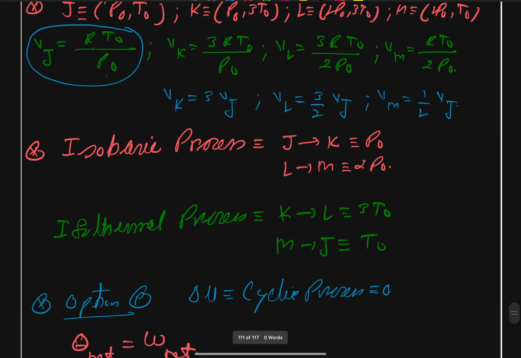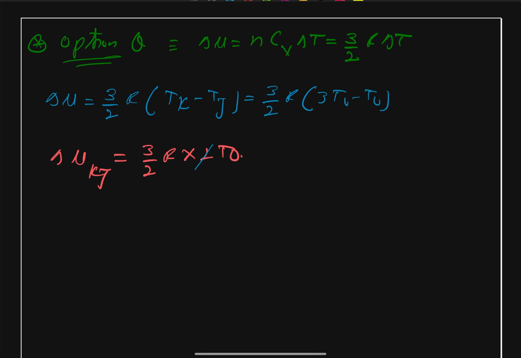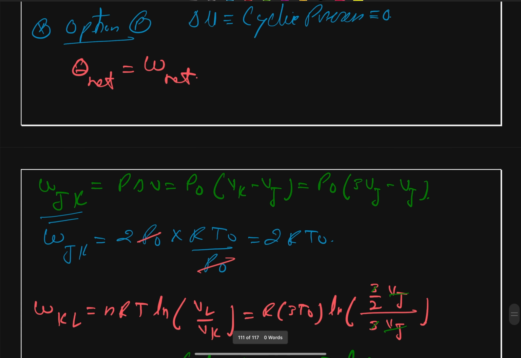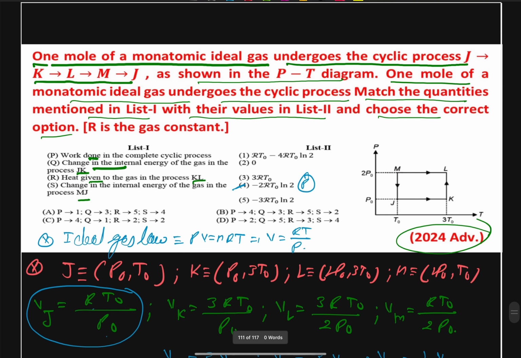Therefore delta U for our JK will be equal to 3 by 2 R multiplied by 2 T naught, and here 2 and 2 cancel out, so this comes as 3 R T naught. So we have 3 R T naught, so option 3 goes to our Q, so Q goes to 3.